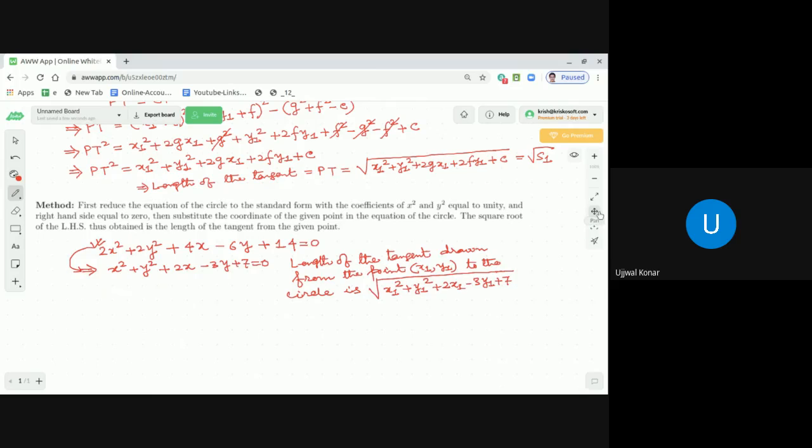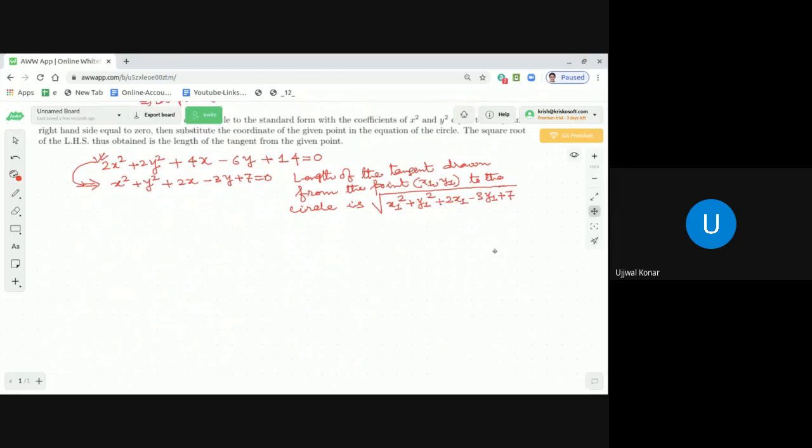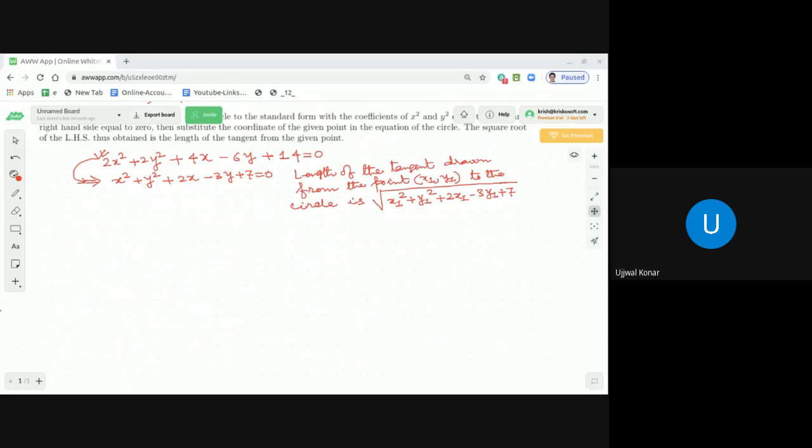Now let's solve one problem related to the length of the tangent, and see how we can use this. Here is the question, and I suggest you also do it along with me, so that things will be pretty clear at your end.